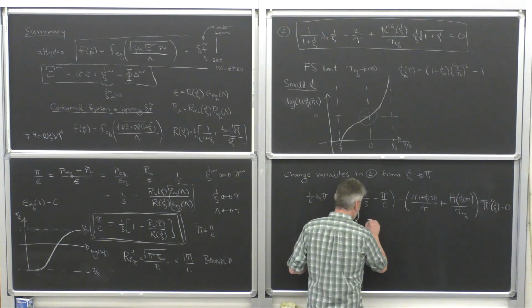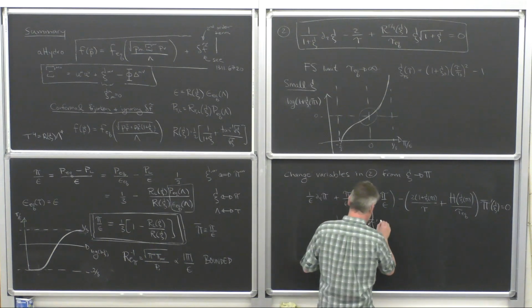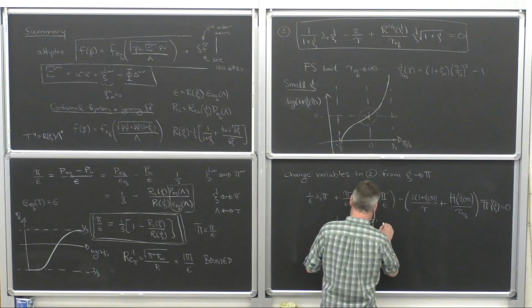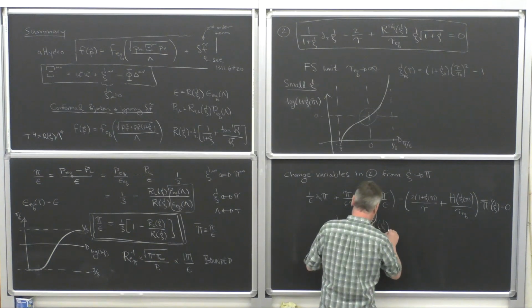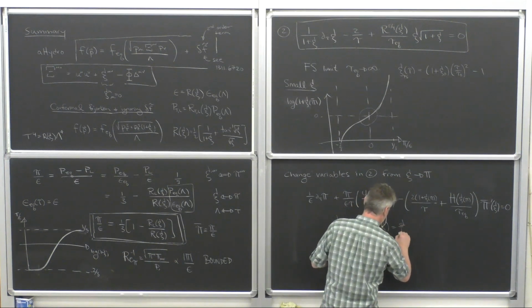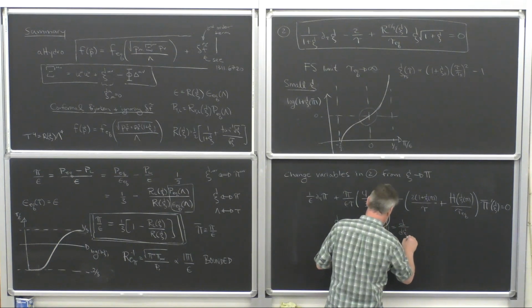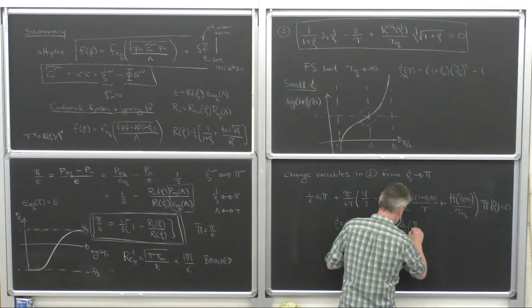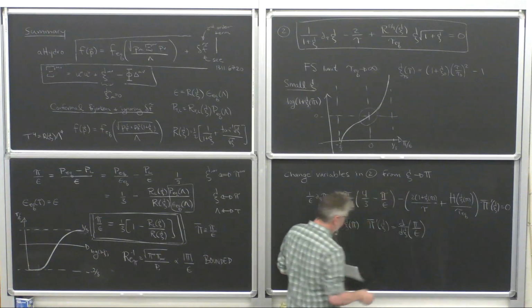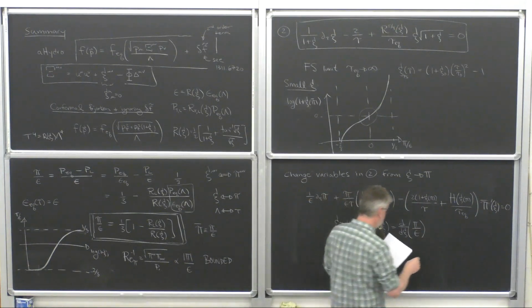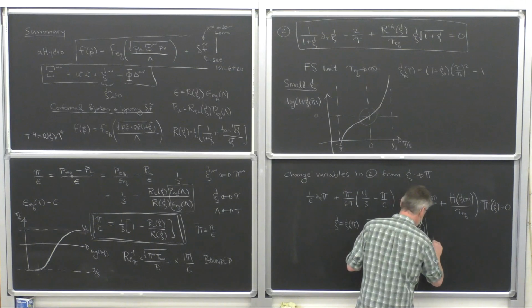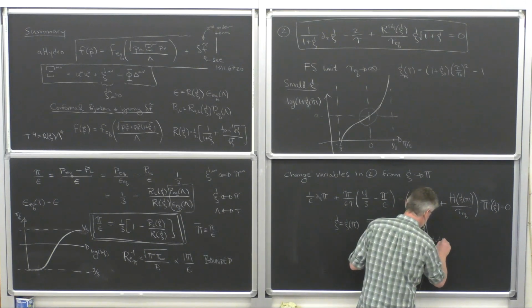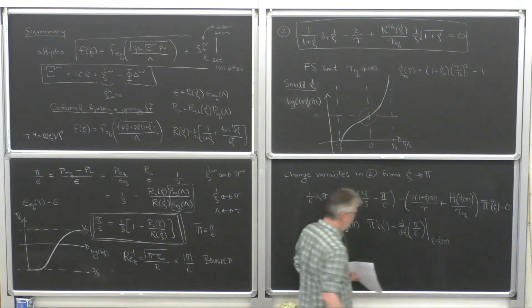There's a derivative hiding over here, pi bar primed of Kc. That's nothing but the derivative with respect to Kc of this relation, evaluated again using the map.